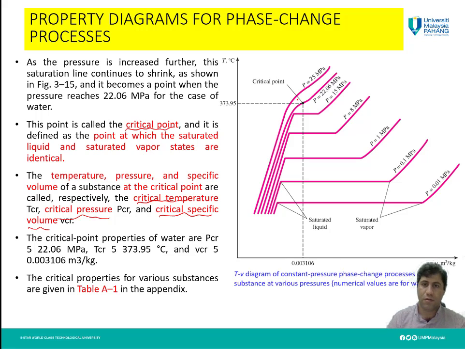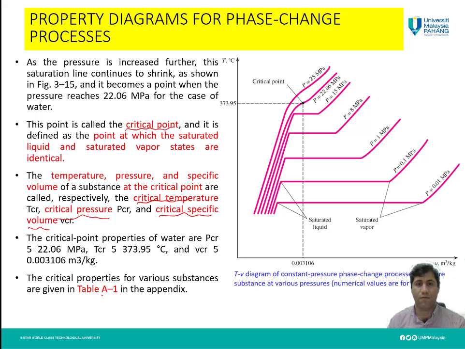So first, the critical point is the point where we have saturated liquid and saturated vapor, and at this point the temperature, pressure, and specific volume are the critical values. The critical point values for water are mentioned here. For any substance we can find these critical properties, which are temperature, pressure, and specific volume, in Table A1.